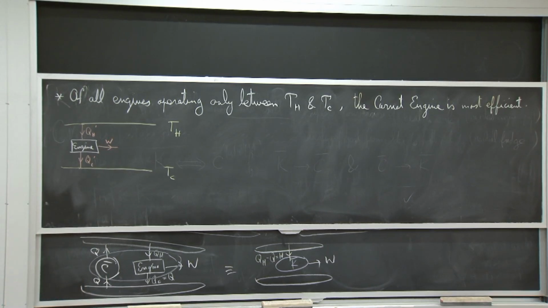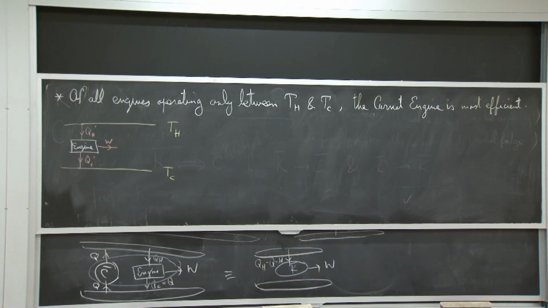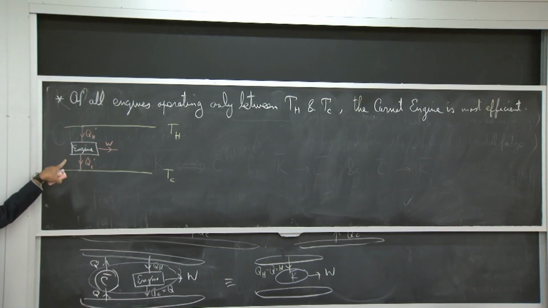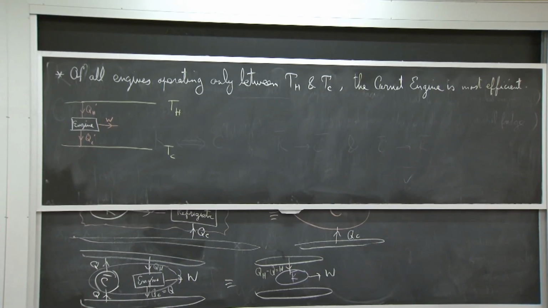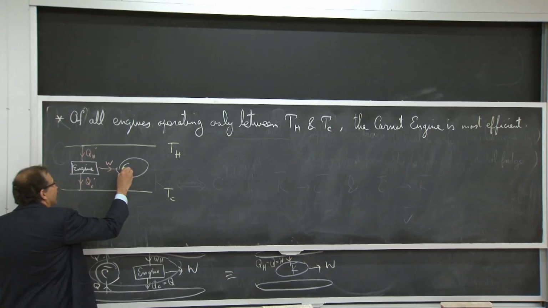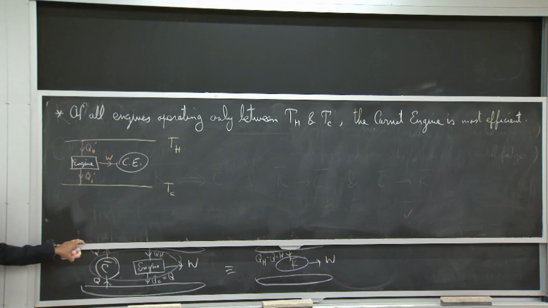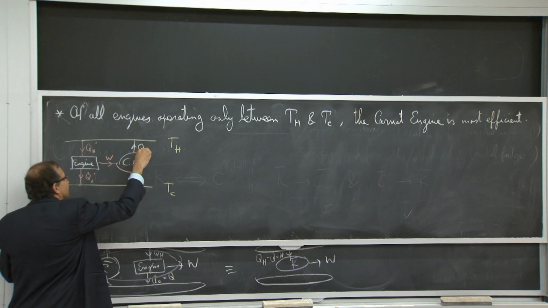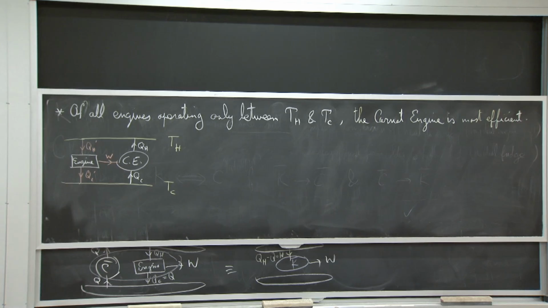Okay? And so somebody comes and says, I've constructed this engine that is actually very good. It's better than your Carnot engine. I say, no, that's not possible. And the way that I will prove it to you is as follows. I will take the output of your engine, connect it to a Carnot engine. And since the Carnot engine can be run backward, it will act as a refrigerator and extract heat and deposit heat precisely at the 2 temperatures that your engine is operating.